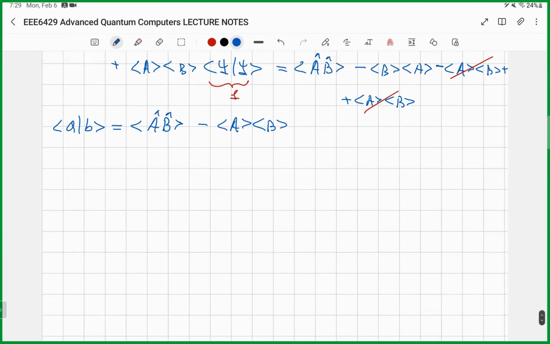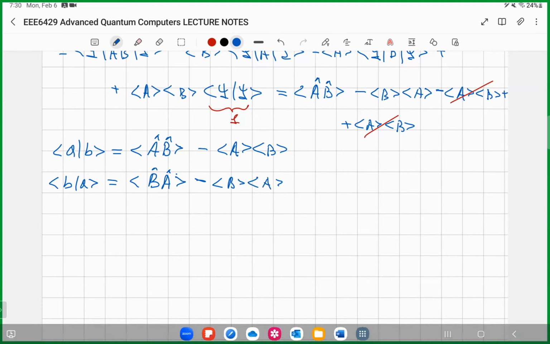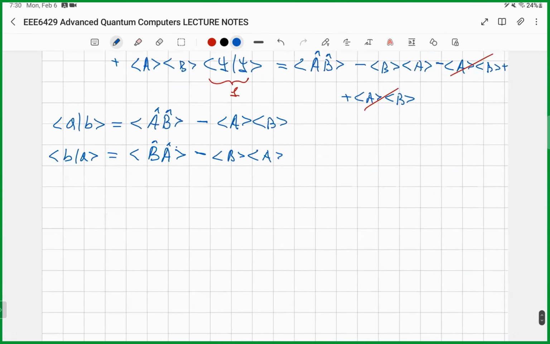Very good. But for this formula here, we need another one, this product B times A. And for this one, by symmetry, I can write the result. It will be the expectation of BA minus expectation B, expectation A. But this is just a constant, so it doesn't matter in what order you write it.